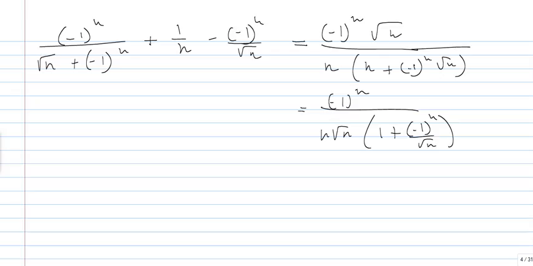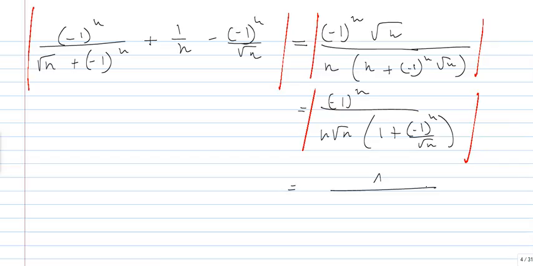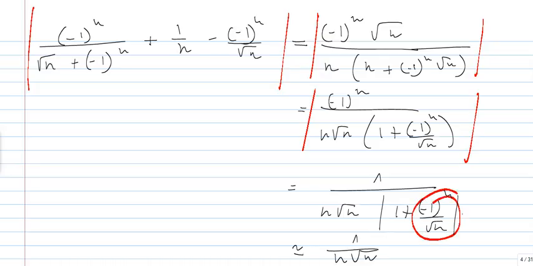And then we take the absolute value of this, which is equal to 1 over n square root of n, times 1 plus (-1)^n over square root of n. And as you can see, when n is large, this is equivalent to 1 over n square root of n, since this term here goes to 0.